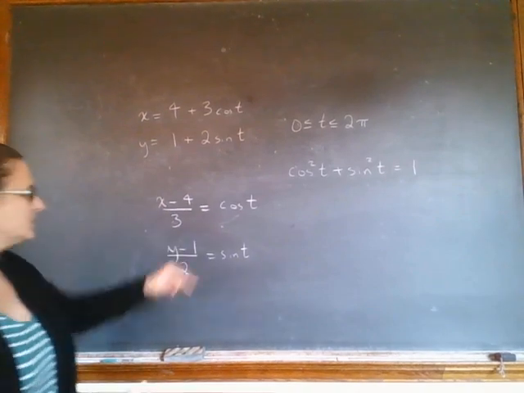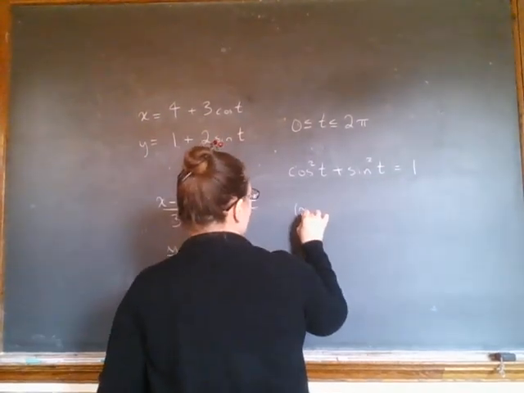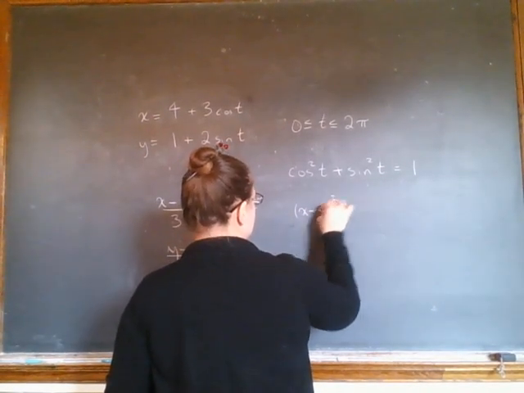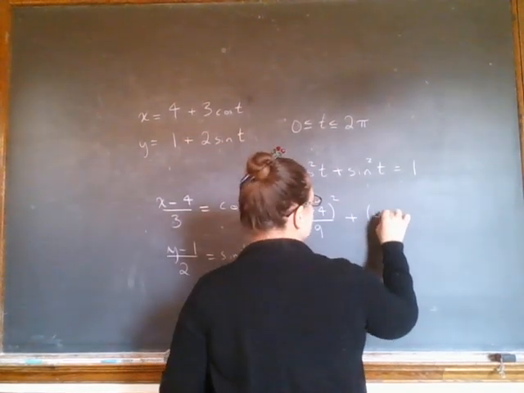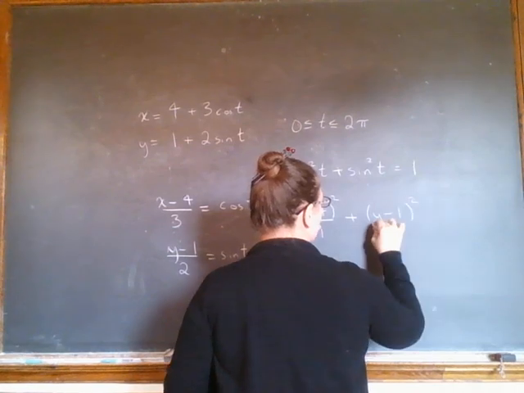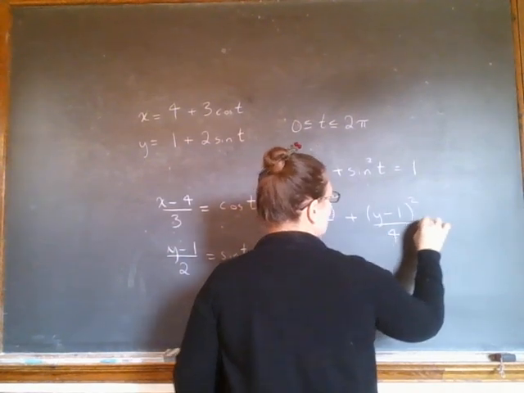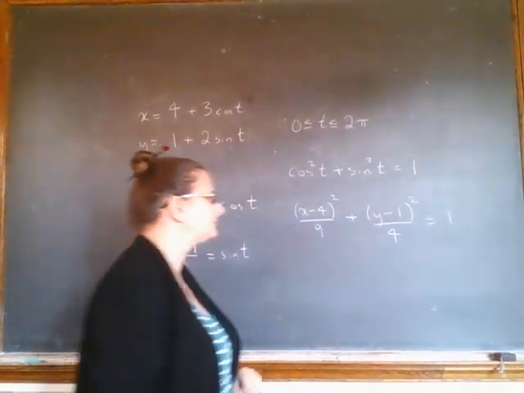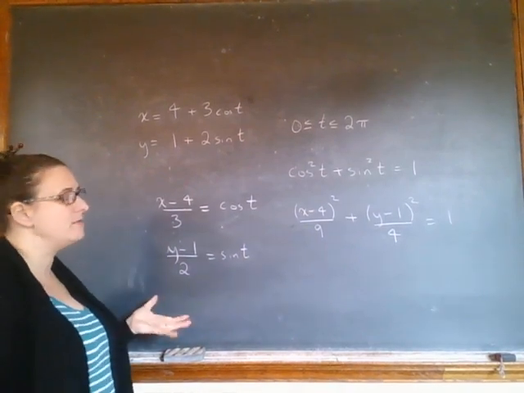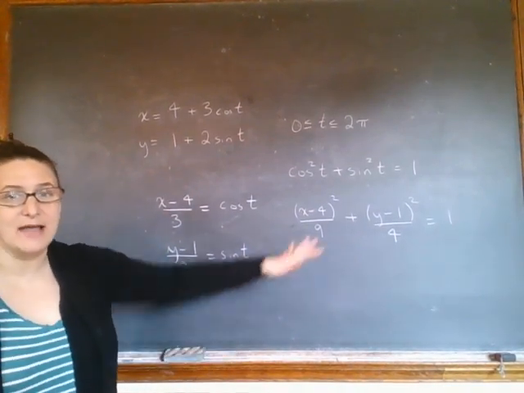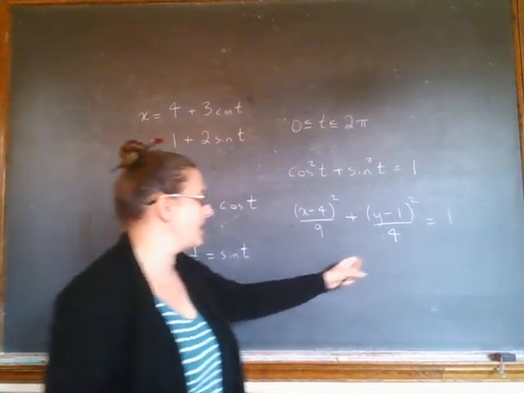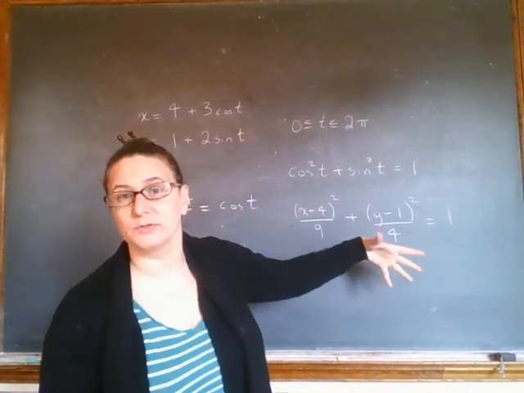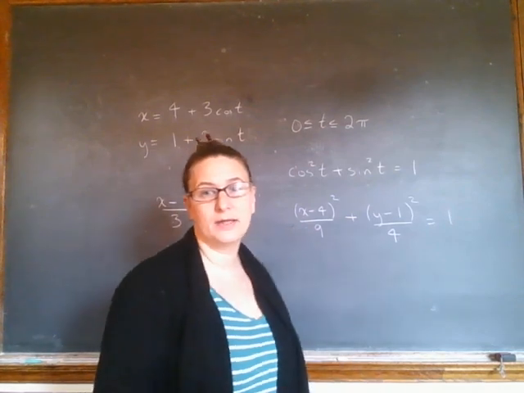So if I put those in there, I get this. Now, that is what it is, and that is done now. You can't do any more with that, right? Because I've got the 9 and the 4. It's not like a circle where those are the same. Okay?